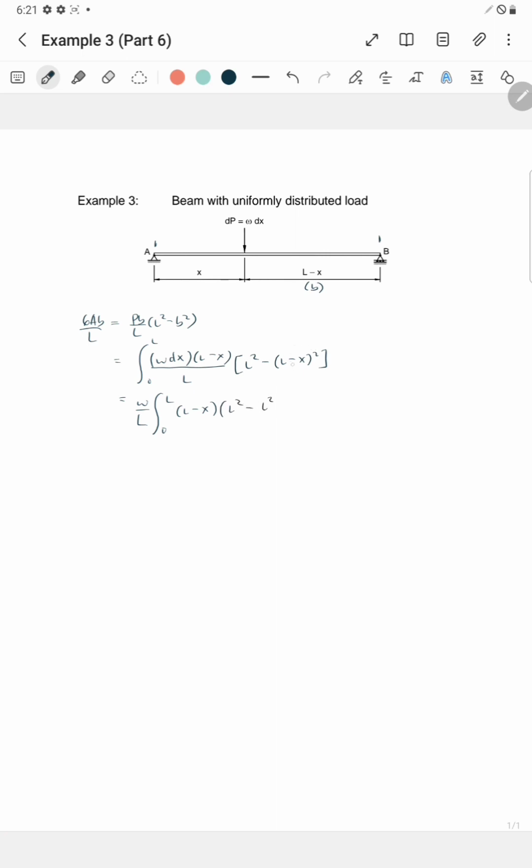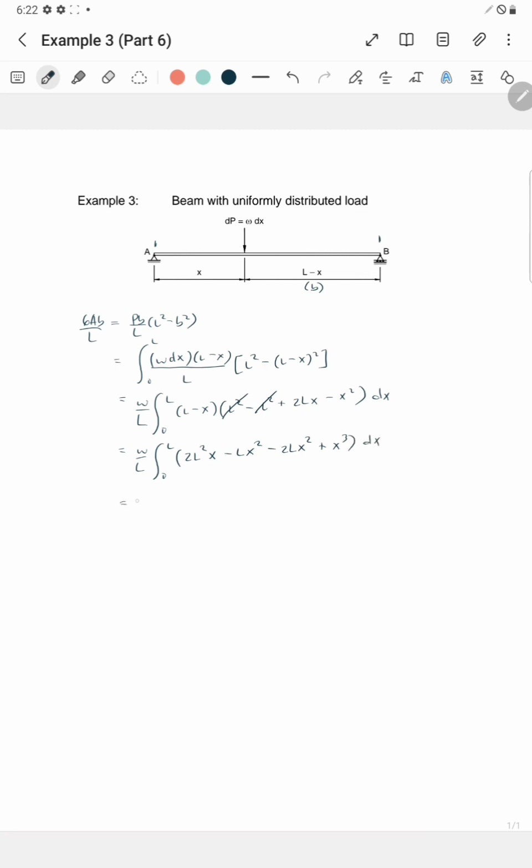So L square minus 2lx, then negative, so plus 2lx, then minus x square. So cancel. Then dx, then simplify further. Distribute L. So 2lx times L. So 2l square x minus lx square. Then distribute negative x. So minus 2lx square. Then plus x cube.